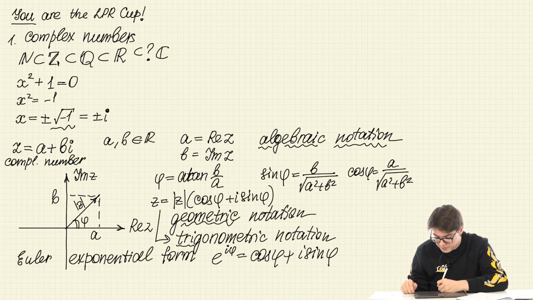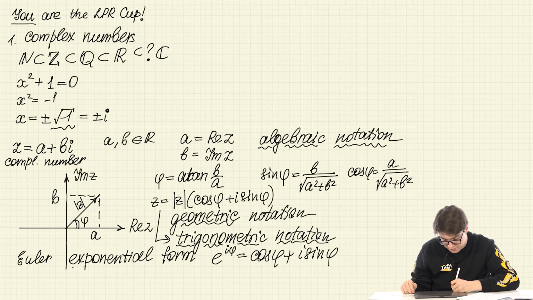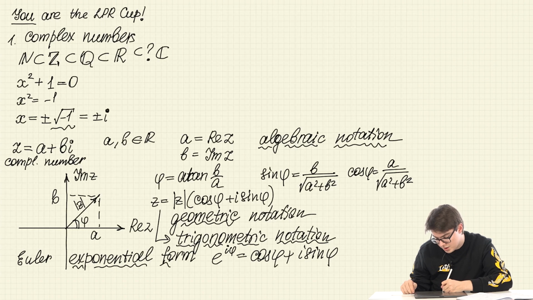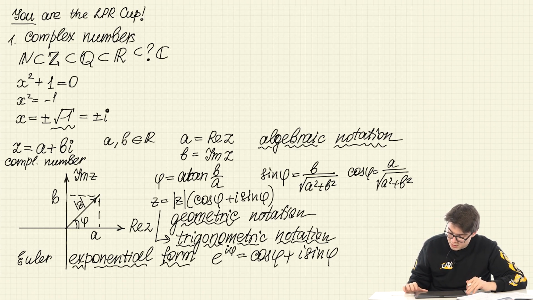So now we have written four forms of a complex number, and we can go on.